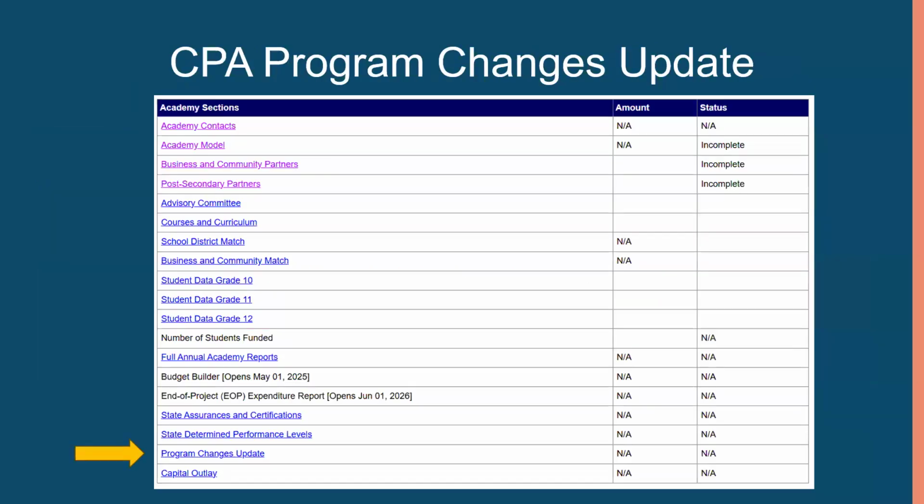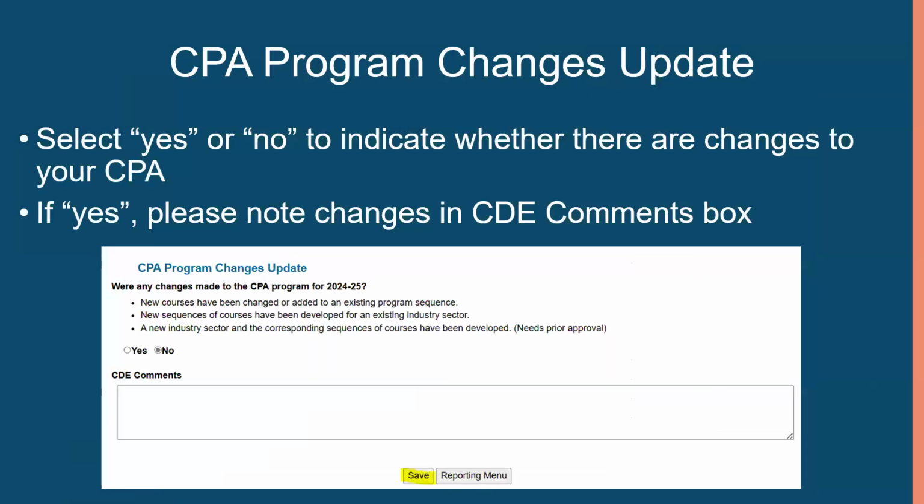The final button is program changes updates. When you click on that last one, it's just a yes or no. This is the easiest question. Were there any program changes made to your CPA? Maybe you added some new courses to your sequence of courses. Maybe there's a new sequence of courses developed for your industry sector.